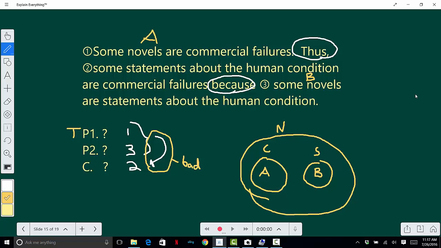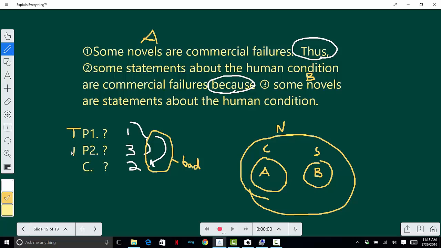So they're the only novels that we have in our circumstances. What's important then to see is with 2, it says some statements about the human conditions are commercial failures. But if these are the only 2 things, then our statements about the human conditions, B, is not a commercial failure.